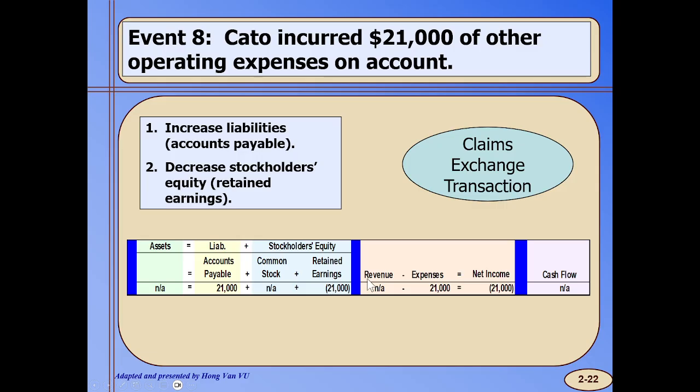The expense decreases the net income, so we have a net income decrease of 21,000. It does not affect the cash flow. It is classified as a claims exchange transaction.